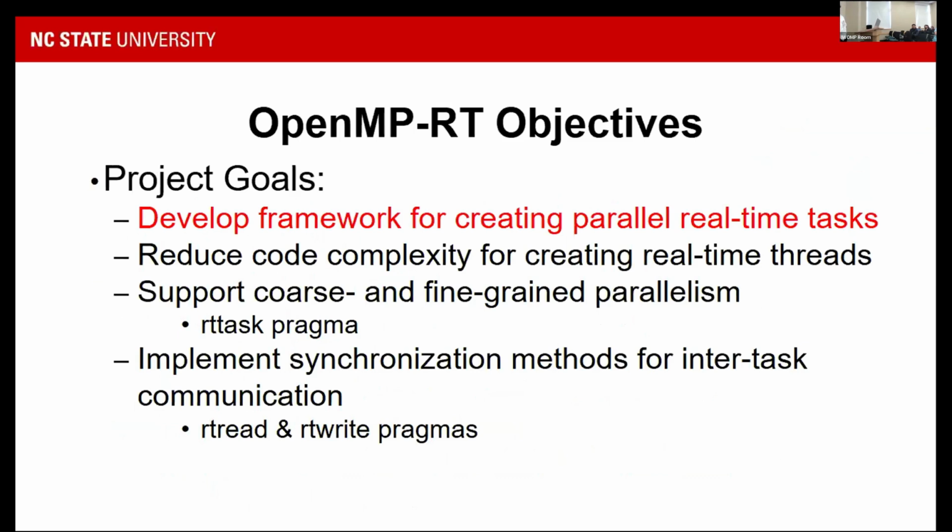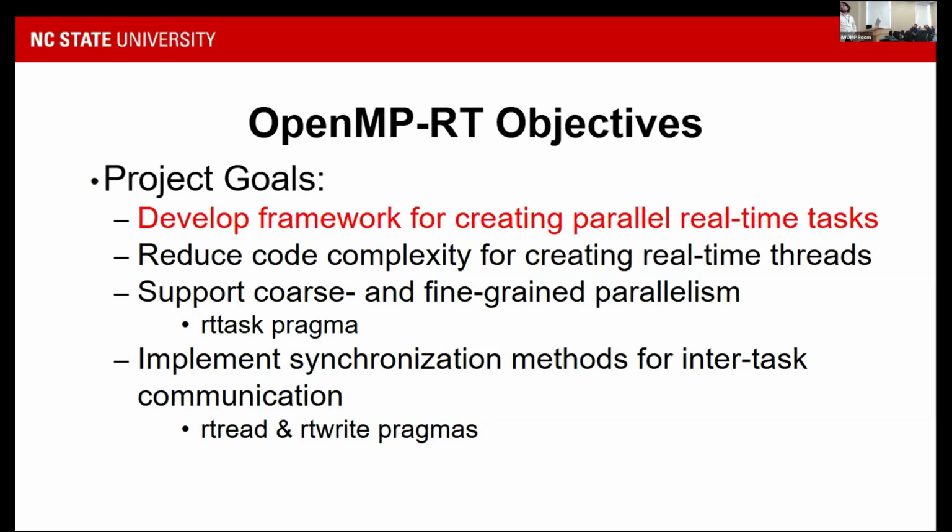So, a framework for creating parallel real-time tasks running periodically, supporting both coarse and fine-grained parallelism. What we want is periodic real-time tasks running in parallel, so multiple tasks, while at the same time those tasks can subdivide and run something in parallel, like in our sample implementation, some kind of parallel for.